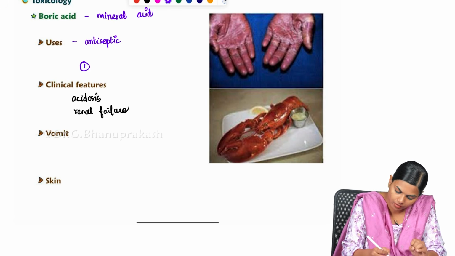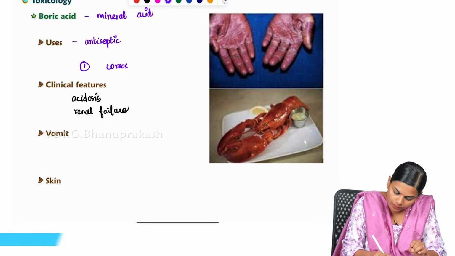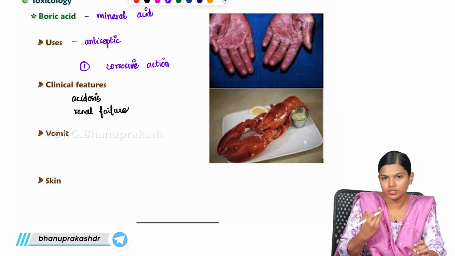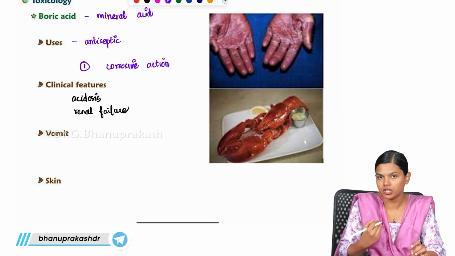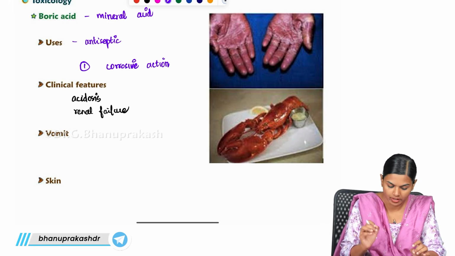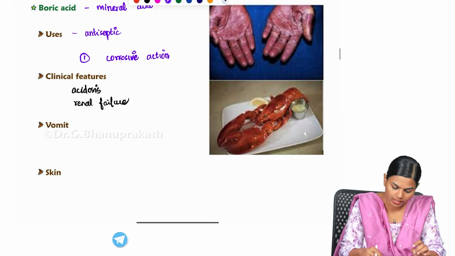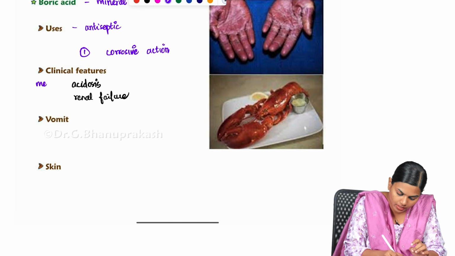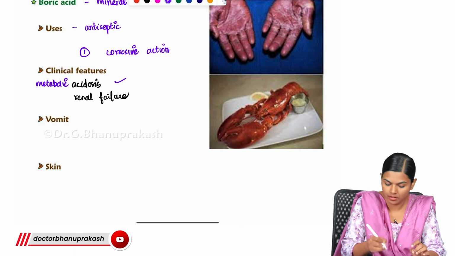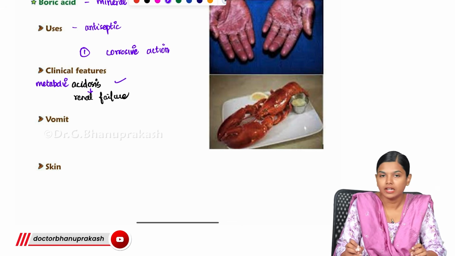First, every corrosive will have the corrosive action. So your oral mucosa, pharynx, all the mucosa will show erosion, and apart from that, boric acid will lead to metabolic acidosis, eventually resulting in renal failure.